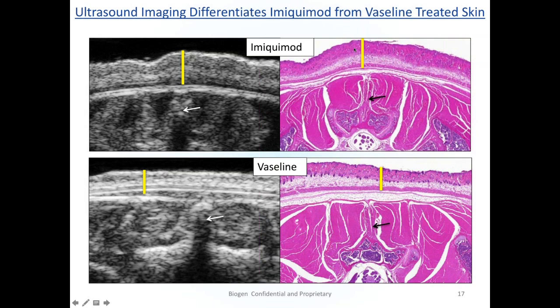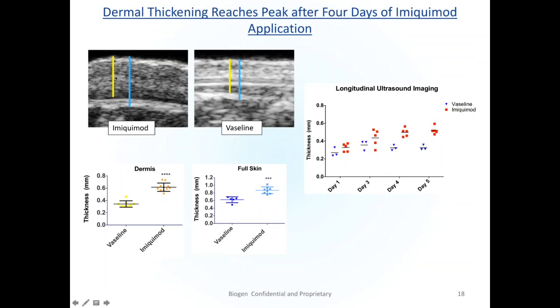And so this is certainly well characterized for this model, and it's, as I said before, frequently used as a preclinical model of psoriasis. So again, we did enough measurements, so we caliper measured a couple different depths and distances, and we showed that there were significant differences both with this yellow bar distance of the dermis as well as this full skin distance between the treated and the control groups.